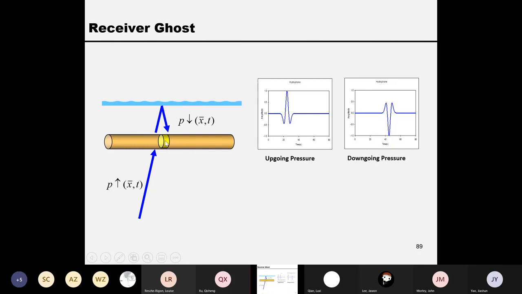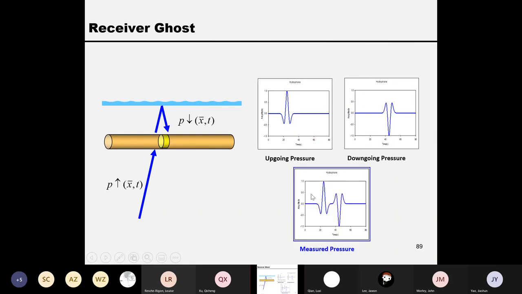Basically what you record here is a combination of these two, and between them there is a time delay. The phase peak and trough are exactly copied, but in an inverted manner. So this is the ghost.